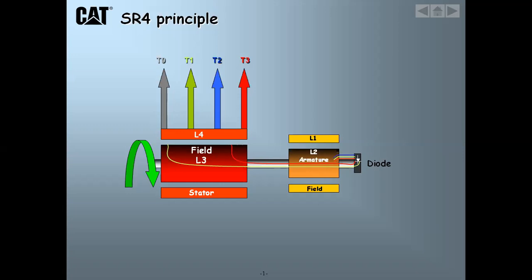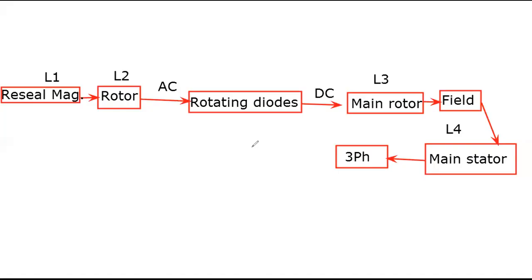After that, we take a sample of the output and supply it to the AVR to compare the output volts with the adjusted volts. After that, we take feedback.